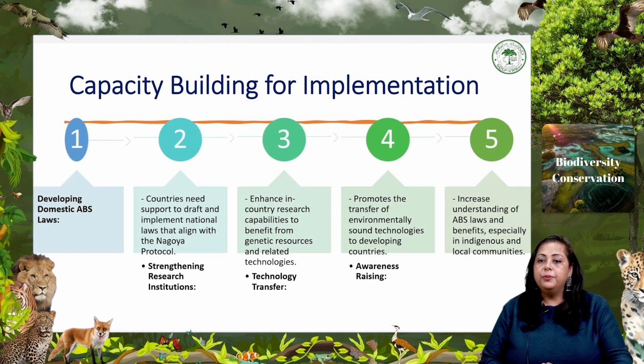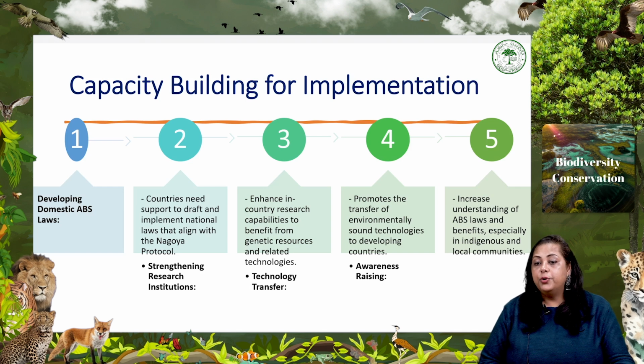Capacity building for implementation. The first is developing domestic ABS laws. Second, countries need support to draft and implement national laws and align with the Nagoya Protocol, strengthening research institutions. The third is to enhance in-country research capability to benefit from genetic resources and related technologies, that is technology transfer.